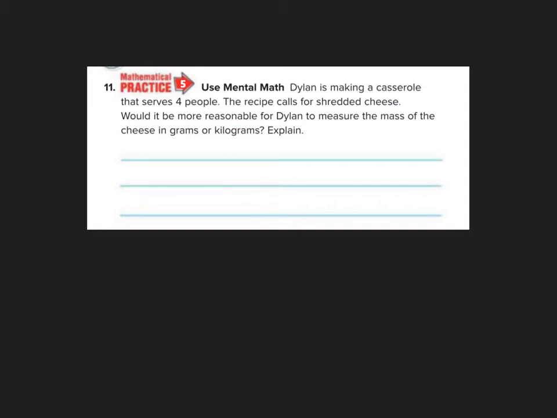Let's keep moving. Dylan is making a casserole that serves 4 people. The recipe calls for shredded cheese. Would it be more reasonable for Dylan to measure the mass of the cheese in grams or kilograms? Shredded cheese, pretty light, right?